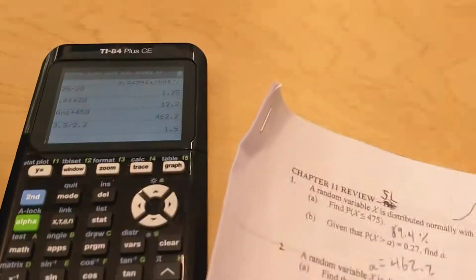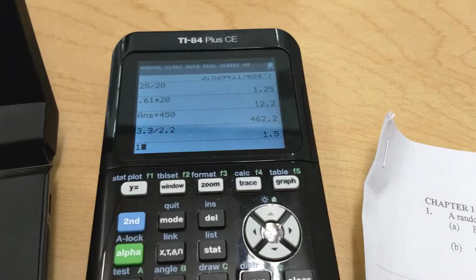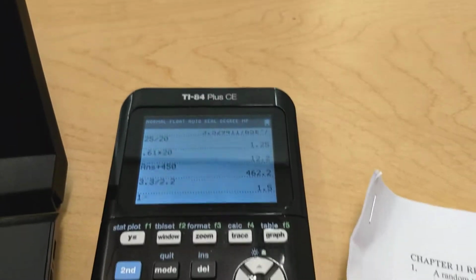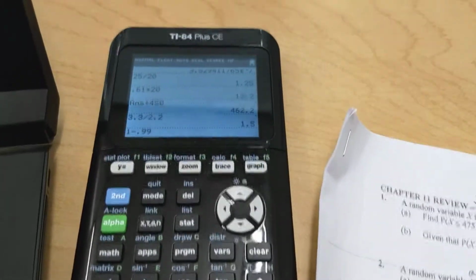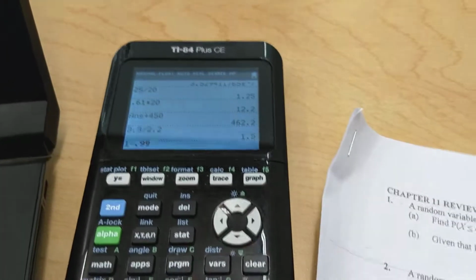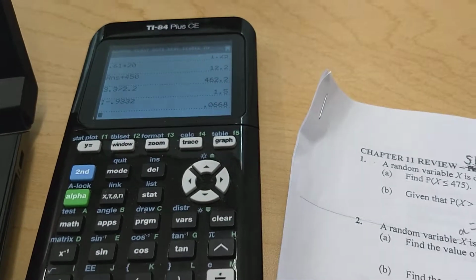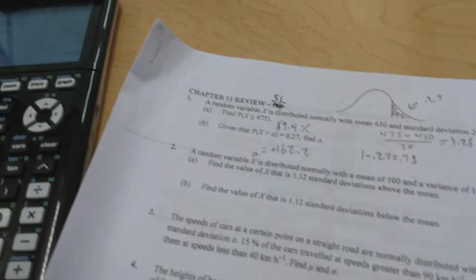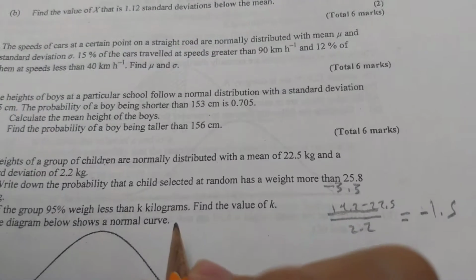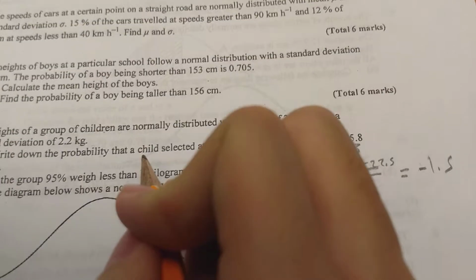Going back to the calculator, 1 minus 0.9332 gives 0.0668, so the probability that it weighs more than 25.8 kilograms is 6.68%.